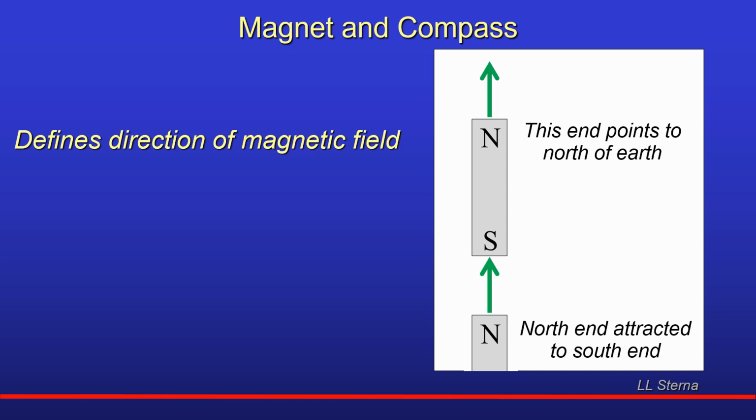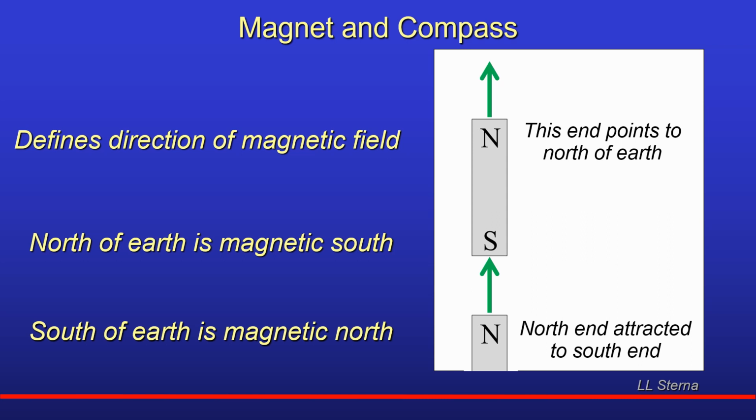Therefore, if the north end of a magnet is pointing to the north end of the Earth, and if the north end of a magnet is attracted to the south end of another magnet, it means that the north of the Earth is a magnetic south pole. There's a geographic north pole we call the Arctic, which happens to be the magnetic south pole of the Earth.